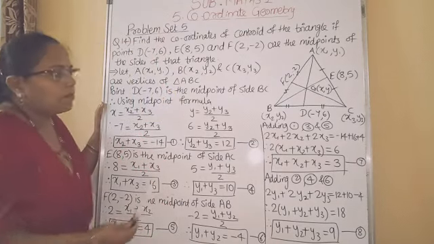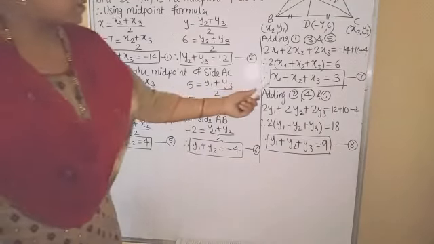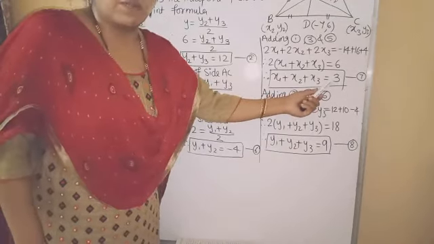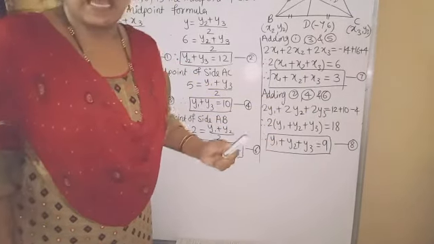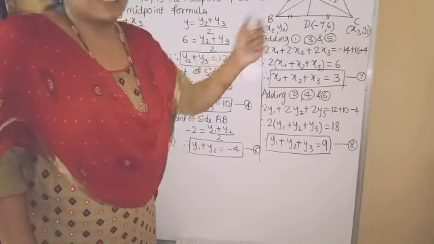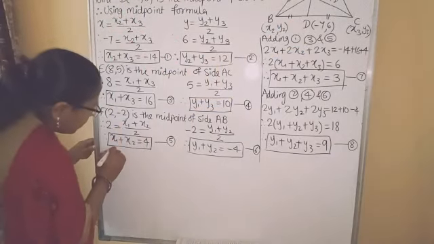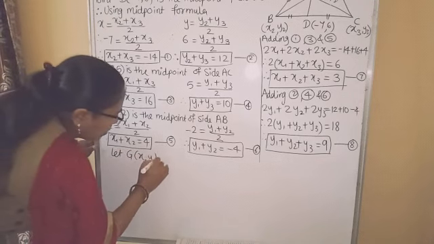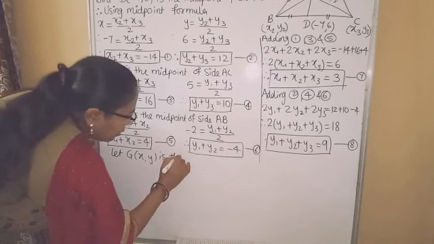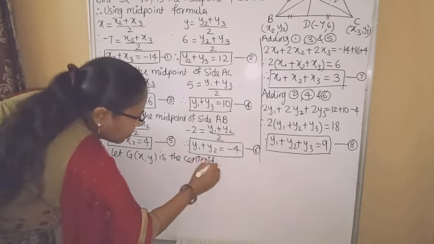Now we will find the coordinates of the centroid. We got x1 plus x2 plus x3 equal to 3 and y1 plus y2 plus y3 equal to 9. Let G(x, y) be the centroid.